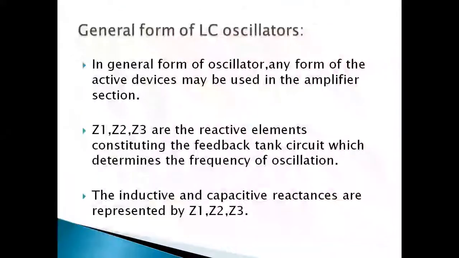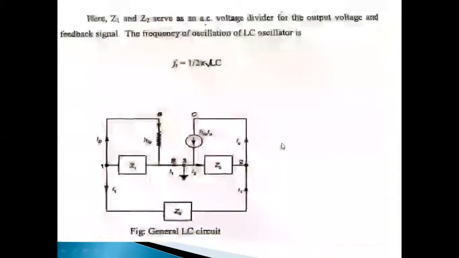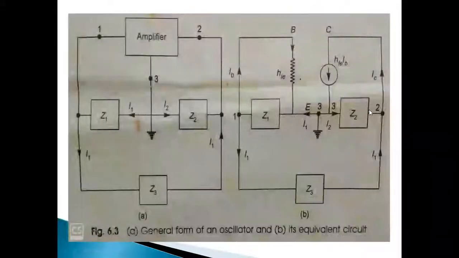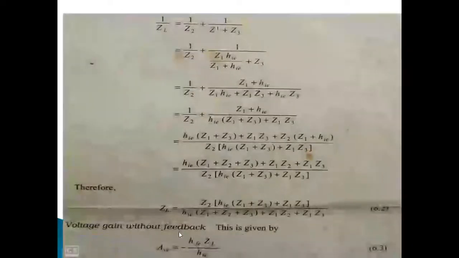We take the circuit like an LC oscillator and draw the equivalent circuit. From this equivalent circuit, we take the load impedance ZL in order to find the AV value, that is the voltage gain, because AV is in terms of ZL. Substitute that value, and we have AV.